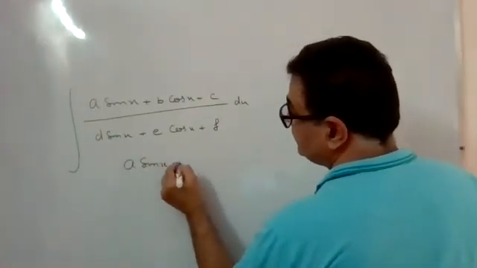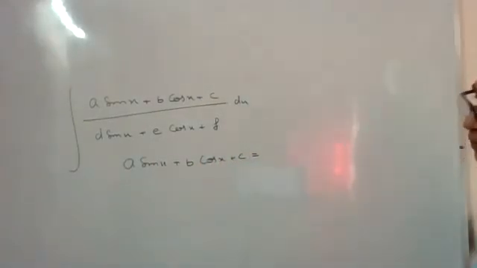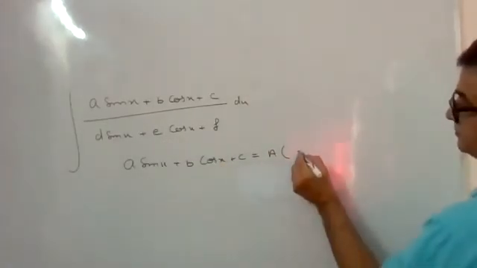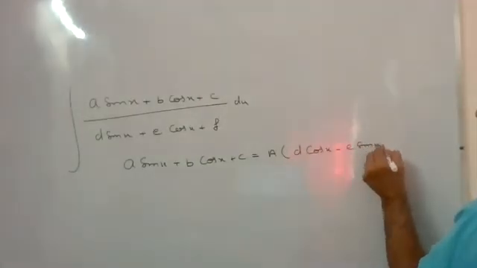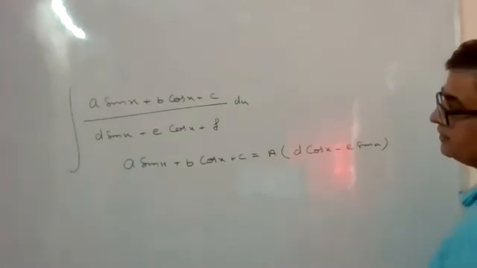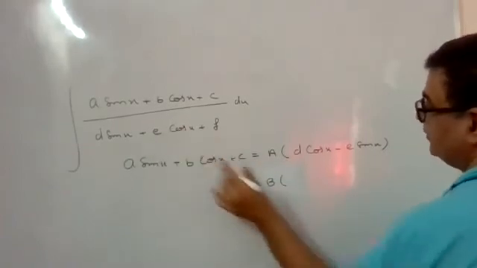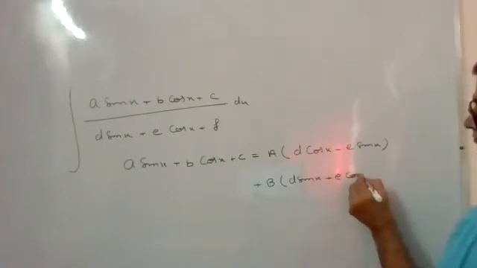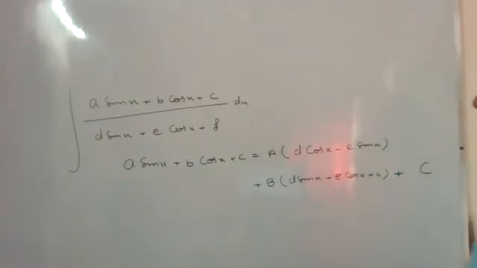a sin x plus b cos x plus c is equal to a times the derivative of this, d cos x minus e sin x, plus b times the denominator, and plus some constant capital C. This time three terms will come.